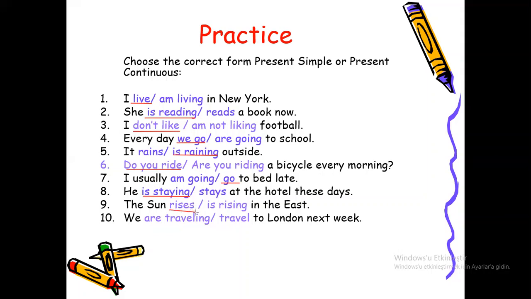The sun rises in the east. And 10, we are traveling to London next week, or we travel to London next week. It says next week. It is near future, so we need to use present continuous. We are traveling is the correct answer.